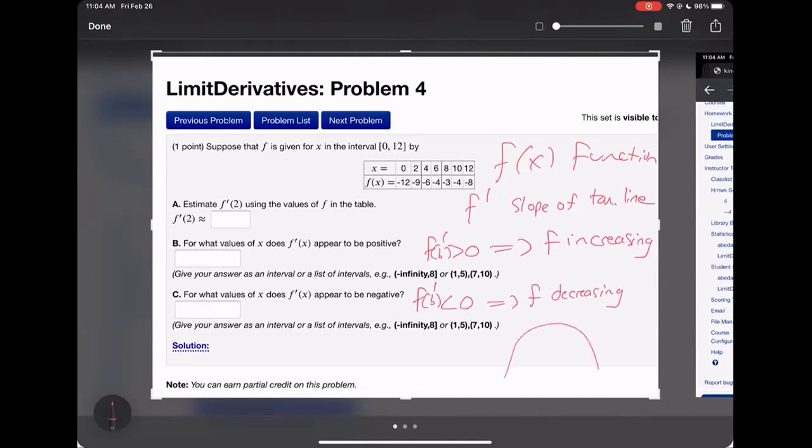Right, it's the difference between having an increasing tangent line or a decreasing tangent line. So just looking at the graph that I drew there, if the function's going up, the derivative is positive, and if the function's going down, the derivative is negative. So when we look at the picture, we can look at these values and think about when the numbers are going up and down, and that'll tell us something about the derivative.